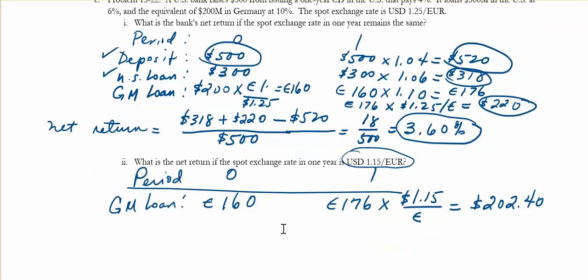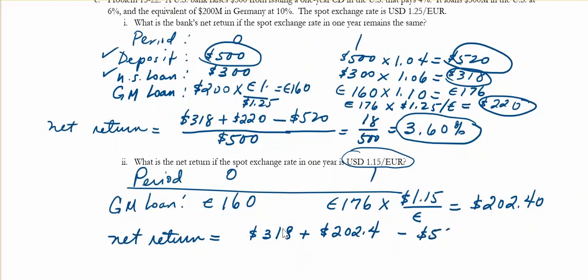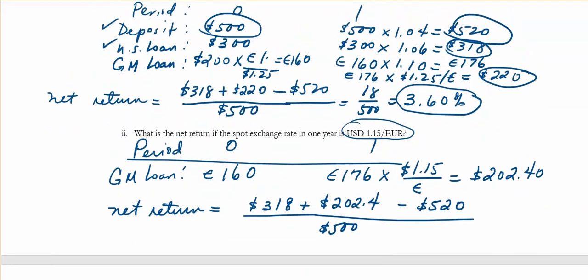Now the net return would be still 318 from the US loan, but now we'd only have 202.4 from the German loan. We'll still owe 500, just as much in the United States. We had originally worked with $500 million.